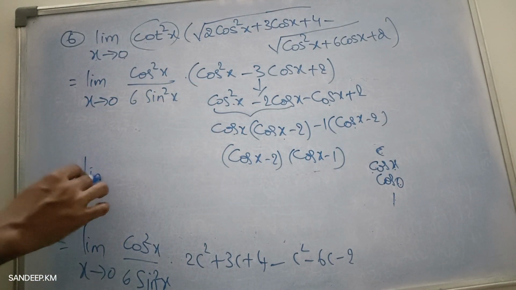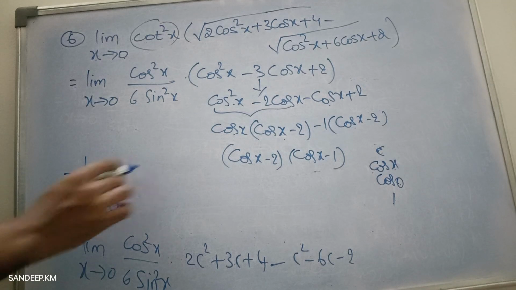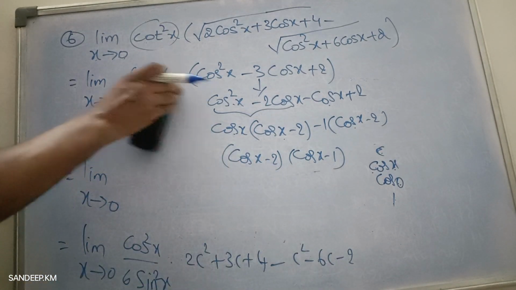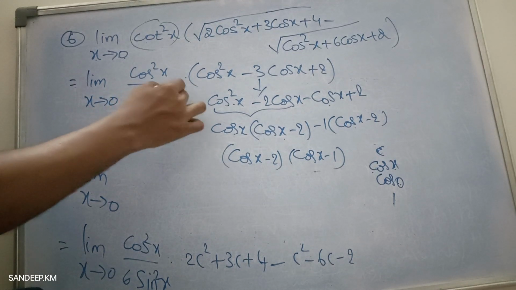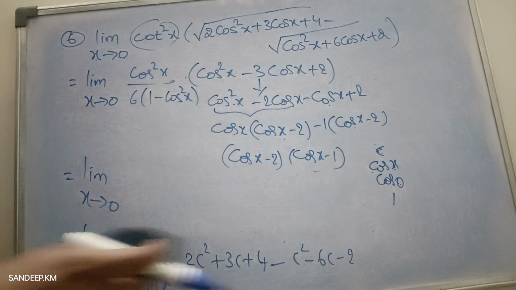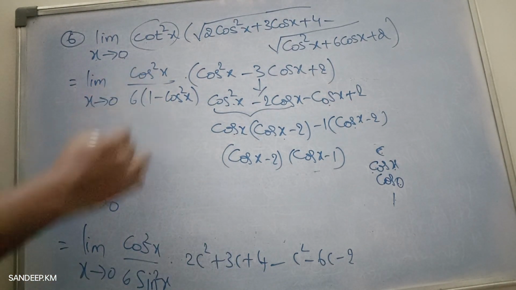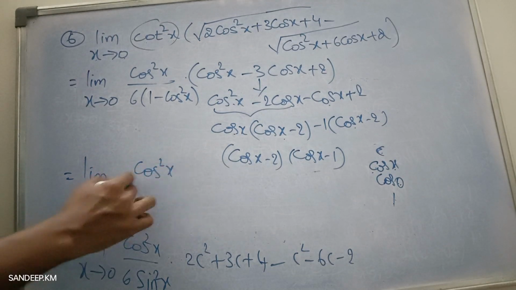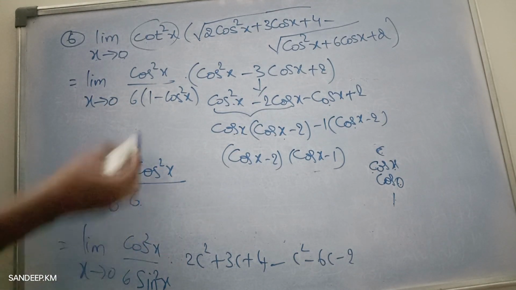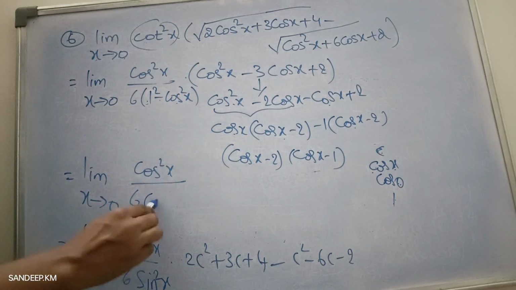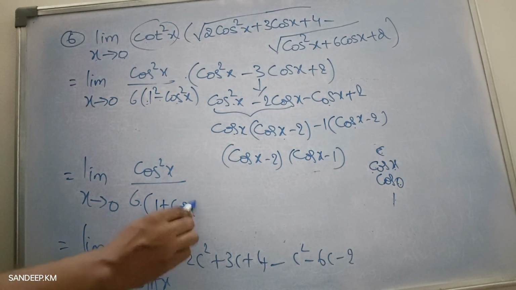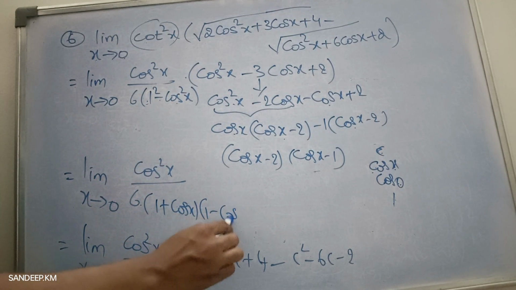Therefore limit x approaches 0. Do one thing, dear students, in the previous step, instead of writing sin square x in the denominator, you write 1 minus cos square x because it will be useful in the next step. Okay, so cos square x as it is by 6 into 1 means 1 square, right? A square minus b square will be a plus b into a minus b.